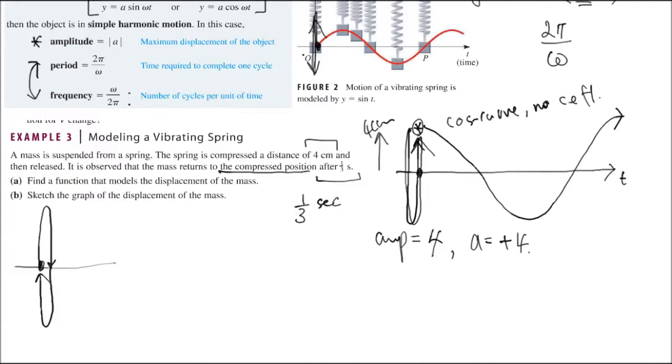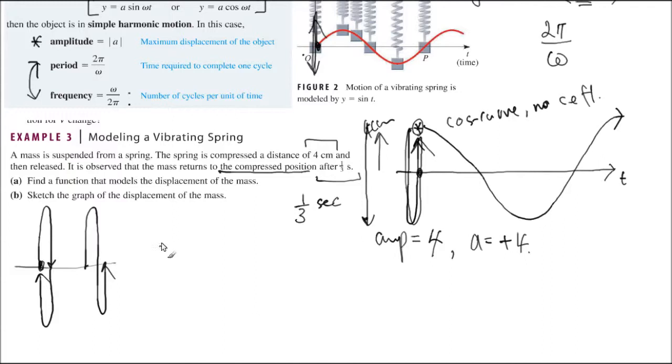That's one cycle. So don't get tricked by this. Or if you started here and reached the bottom within 1/3 second, is that one cycle? No, it's not. That is only a half cycle. You have to come back up. Make sure you understand it's a complete cycle, especially if it starts at the equilibrium position, which can be confusing. You go up, go down, and come back up. This is one cycle. All right?